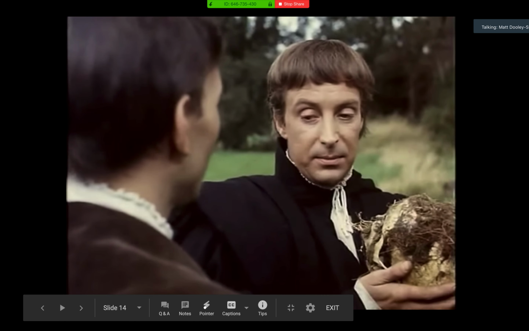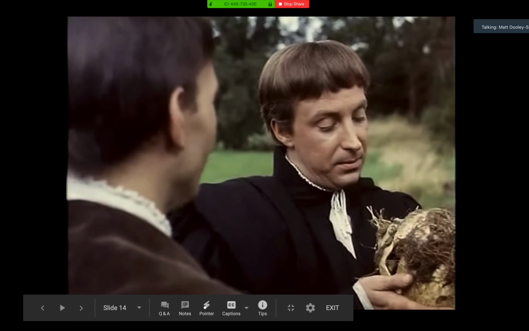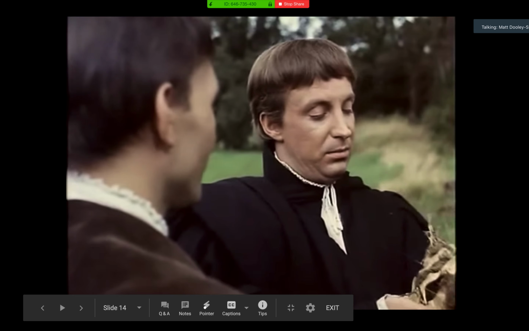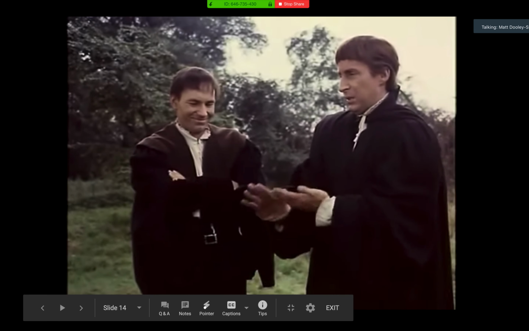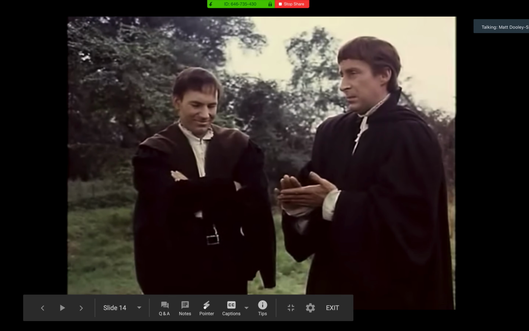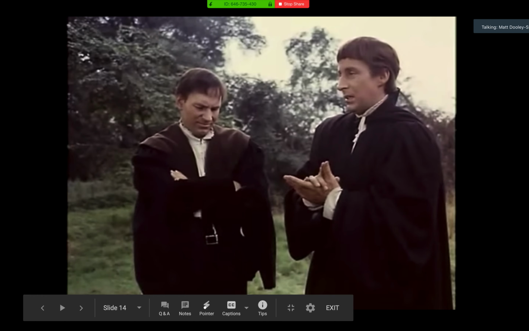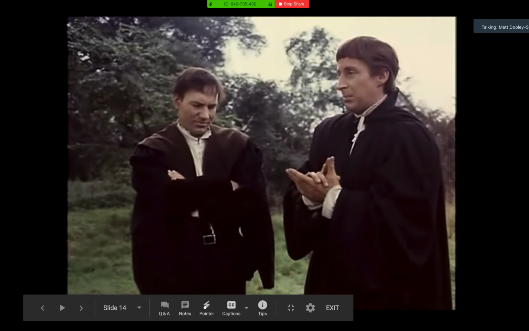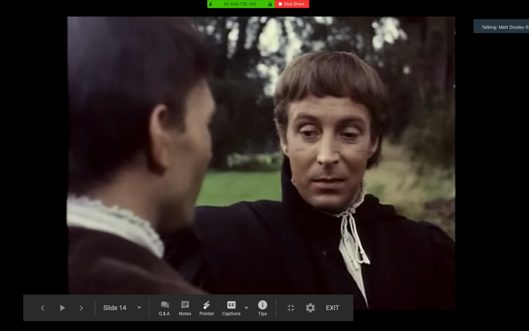Dost thou think Alexander looked o' this fashion i' the earth? E'en so. And smelt so? E'en so, my lord. To what base uses we may return, Horatio. Why may not imagination trace the noble dust of Alexander till he find it stopping a bunghole? But to consider too curiously, to consider so.